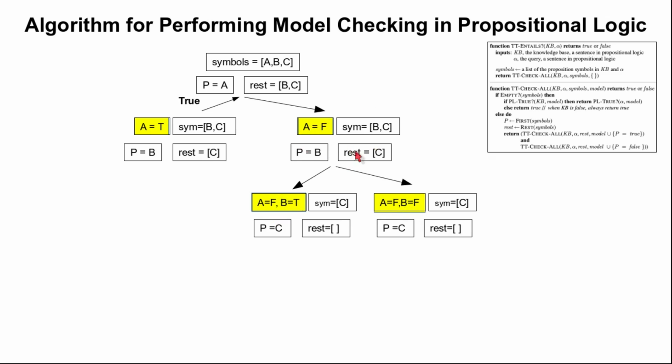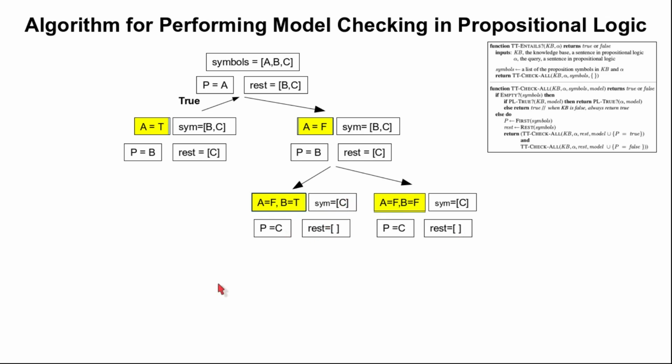The rest will be passed as the new list of symbols. So the list of symbols will be C, and as we execute the code, this time P will be equal to C because the first element of the symbol list is C, and once we remove C from the list, the rest will become empty.